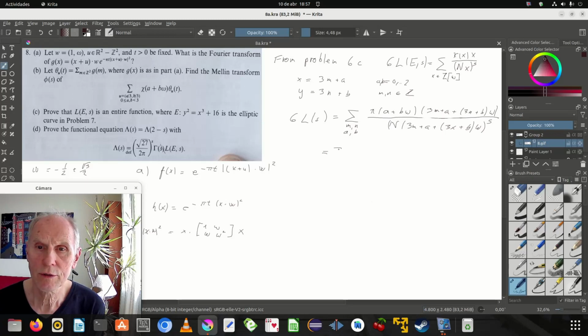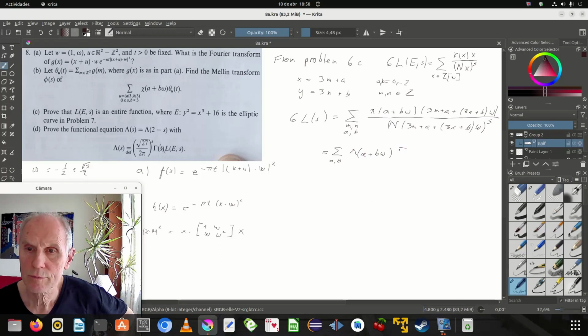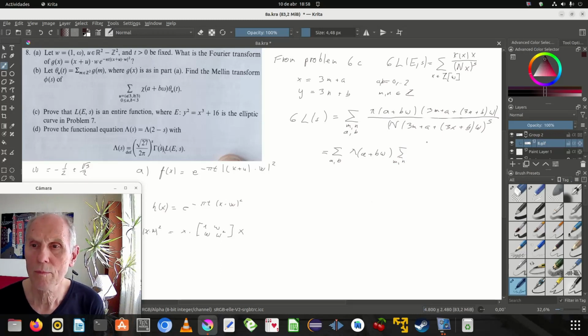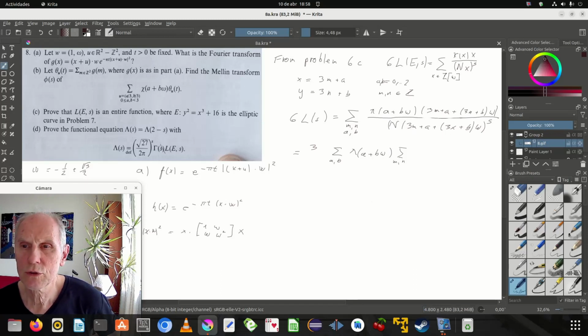So it's the summation over a and b, and then we can take 3 out here. And this becomes 3 to 2s.